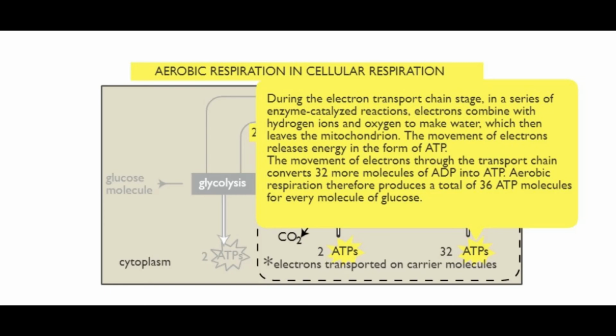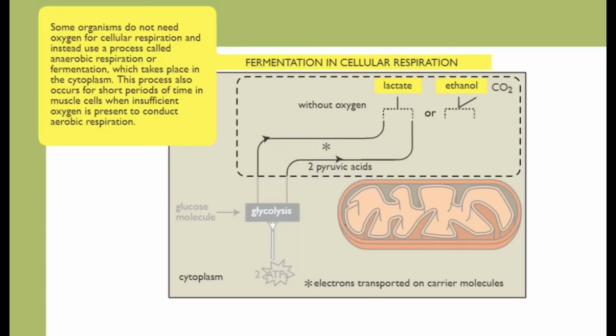The movement of electrons through the transport chain converts 32 more molecules of ADP into ATP. Aerobic respiration therefore produces a total of 36 ATP molecules for every molecule of glucose, which is a lot of ATPs. Like a lot.